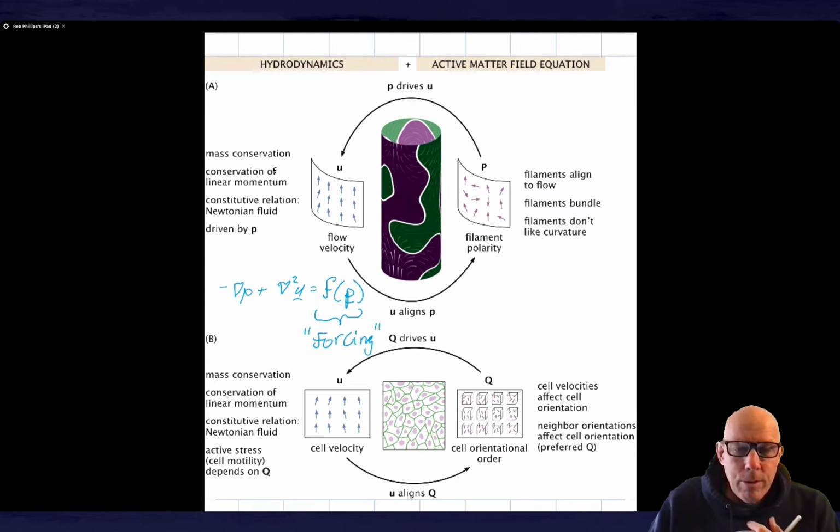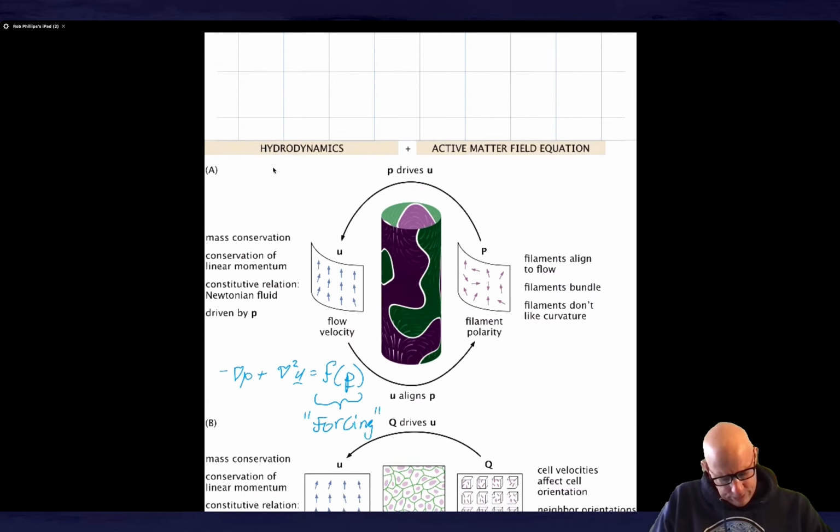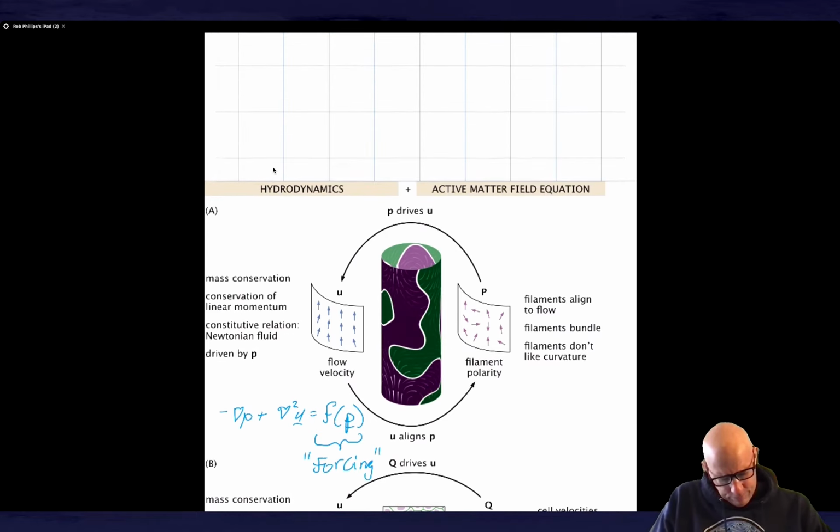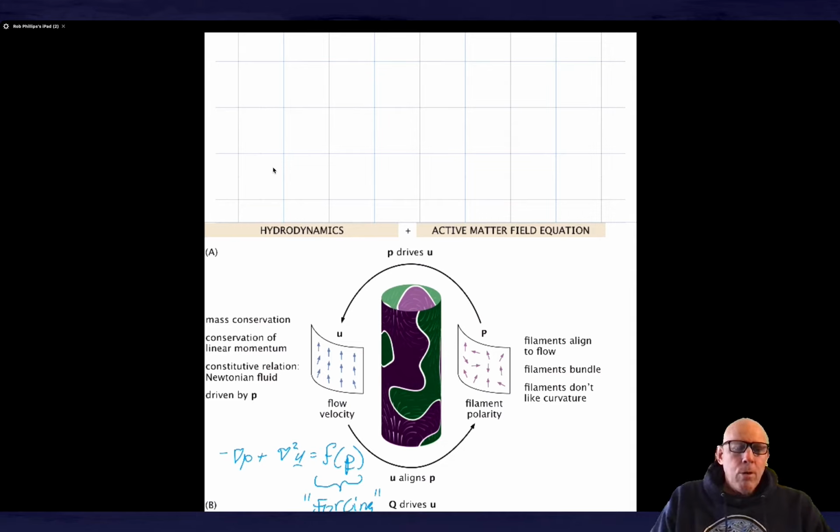What we're going to do is introduce a new field variable. And actually, forget the bottom example. So we're going to introduce a new field variable, P, which is the polarity, the filament polarity. It tells us about the local orientation of the actin filaments. And the beauty here is that P drives U. In other words, the current orientation of the filaments is the current direction of motion of the motors.